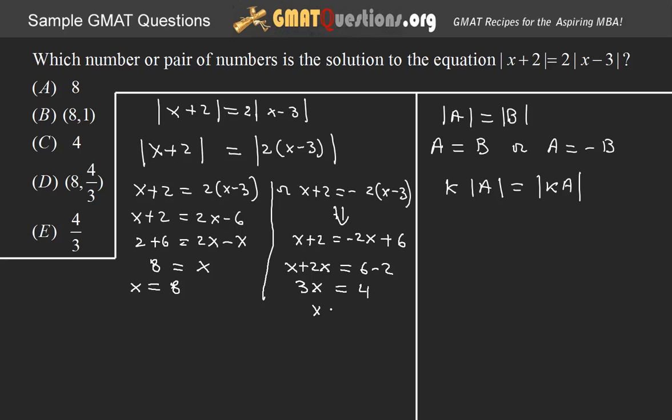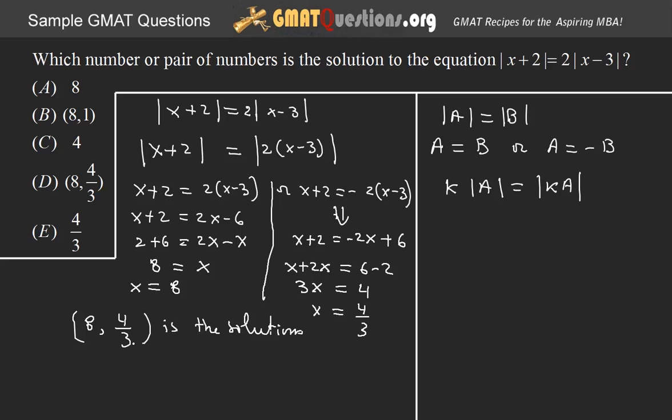So x is equal to 4/3. So as you can see, we have a pair of solutions, 8 and 4/3. So 8 and 4/3 is the solution to the equation.